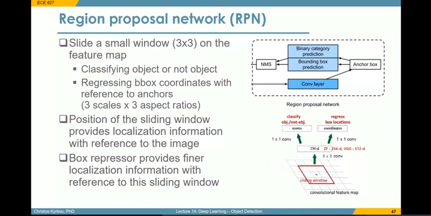And the location of each convolutional feature map is the center of a box. And they also apply non-maximum suppression on all these regions so that only one box basically survives per overlapping regions.